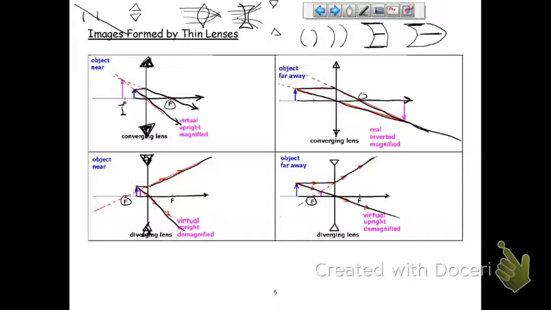It's virtual. So it's a virtual image because the rays do not go through there, but it is to the left of the lens. Here, the image is to the right of the lens, but it's real.